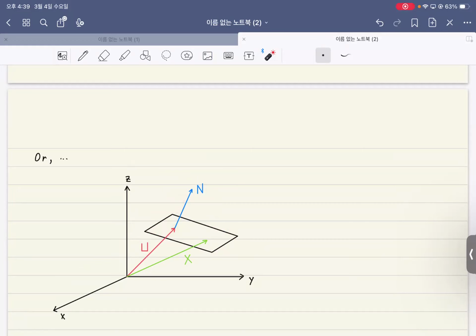And suppose that I also know one point of the plane that this guy is passing through. So U is a point, just choose any point you want in the plane.